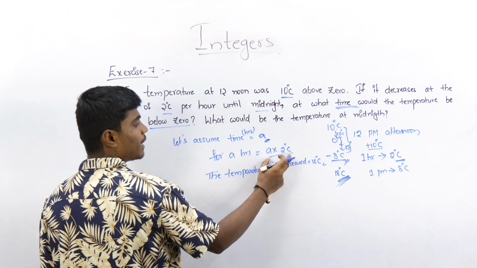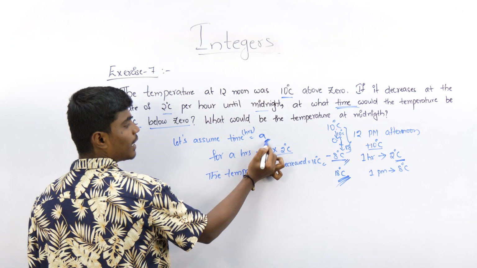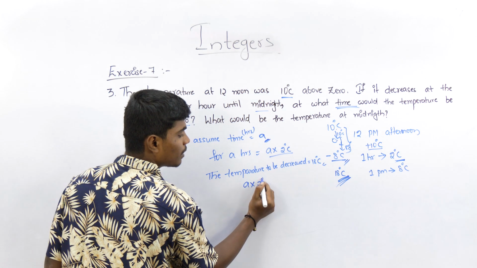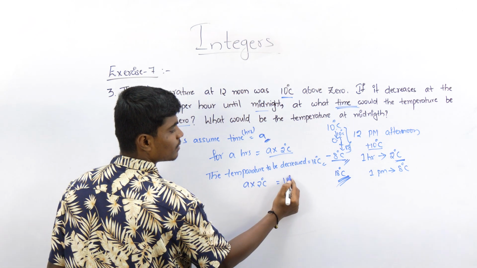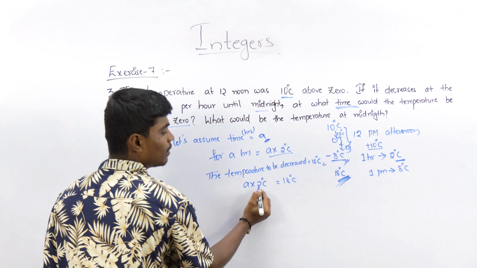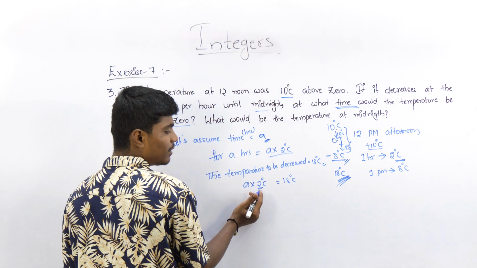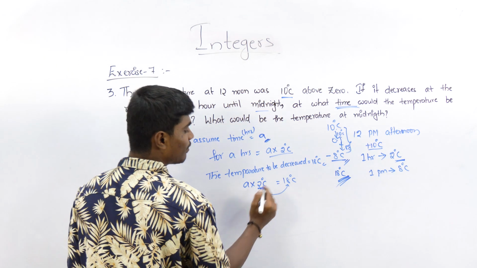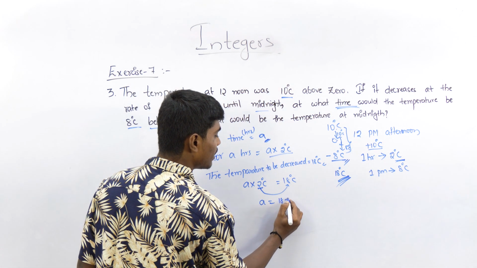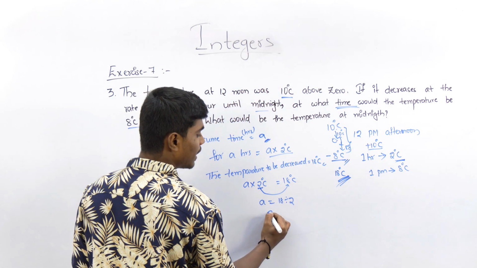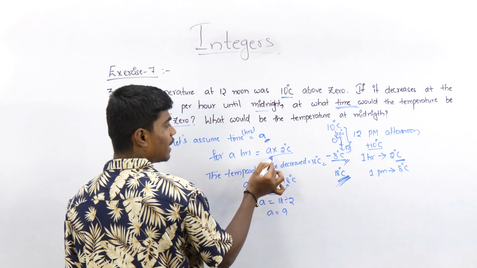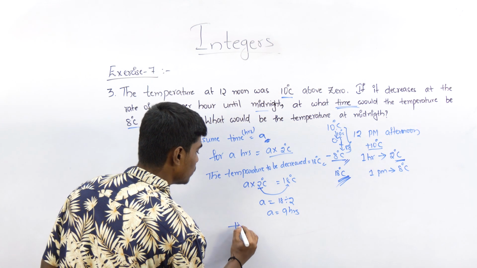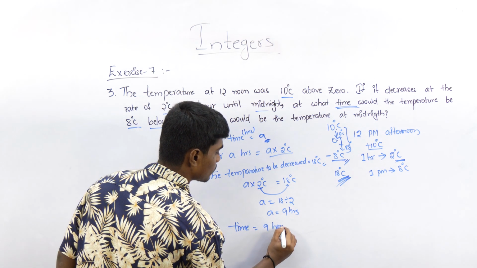Here 2 is multiplying with A. If we move it to the right side, it will divide. So A is equal to 18 divided by 2, so A is equal to 9. A is hours. So the time is equal to 9 hours.